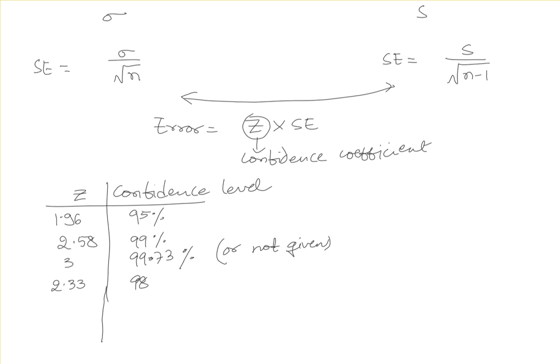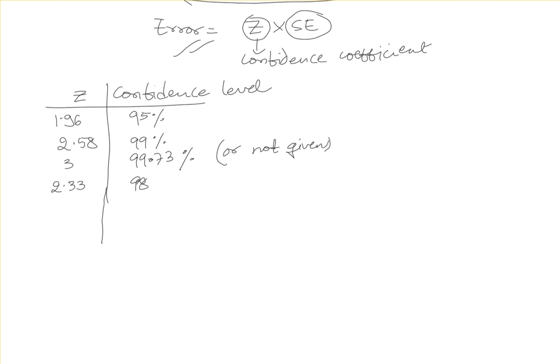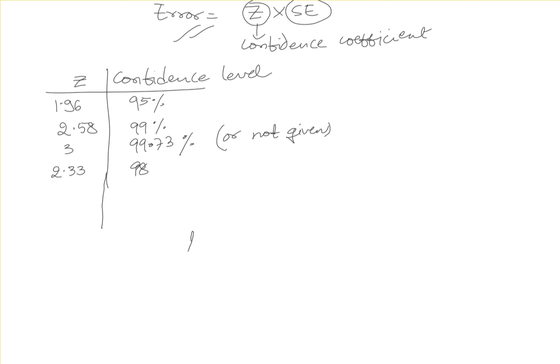When you know Z and you know SE, then you know error. And population mean is sample mean minus error to sample mean plus error.